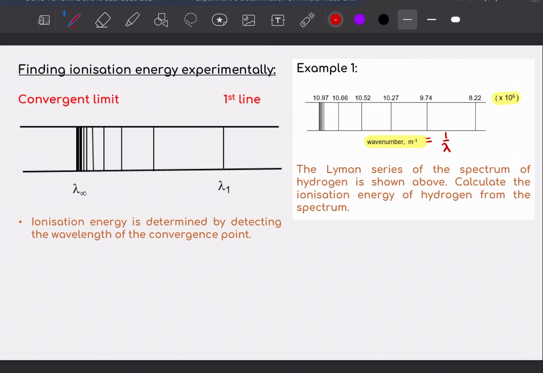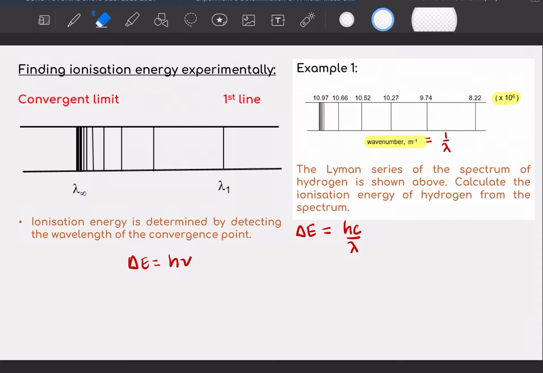So the formula that we can use is delta E equals to hc over lambda. Kenapa kita guna this formula instead of delta E equals to h nu? Because we're not given the frequency lah, obviously.